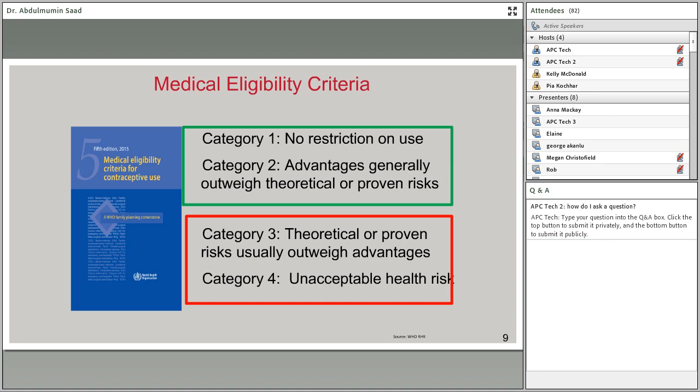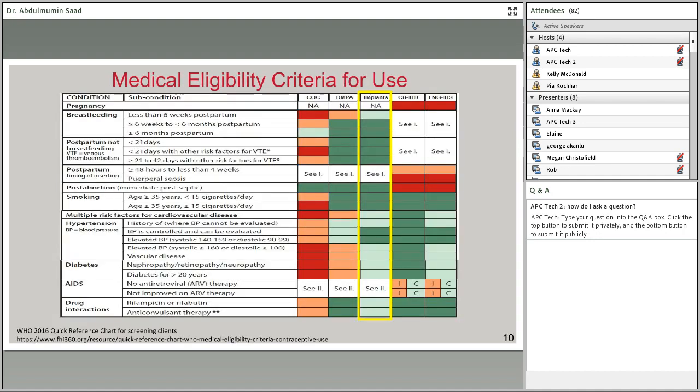In resource-limited settings that do not have the infrastructure and the capacity to clearly differentiate conditions into categories 1, 2, 3, and 4, the WHO made it easier to collapse the first and second categories into one single block, where the method can generally be used. Categories 3 and 4 are collapsed into one single block, where the WHO recommends that the method should not be used.